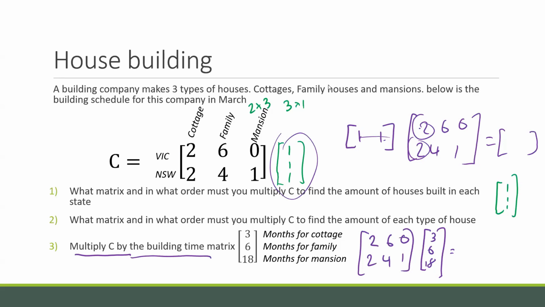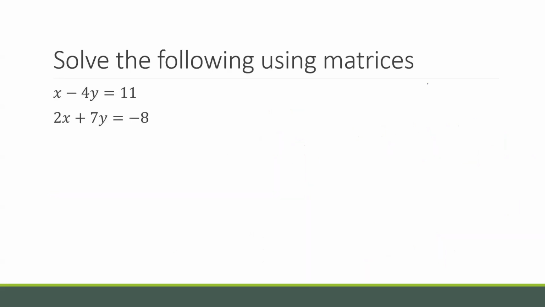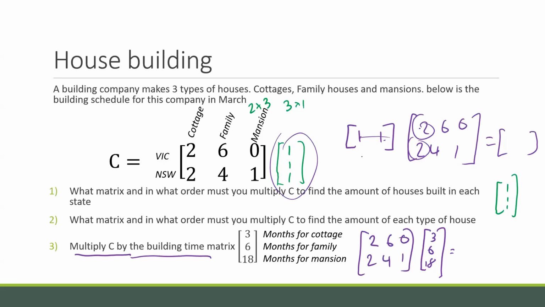This is going to be a 2 by 1 matrix because this is a 2 by 3 matrix and this is a 3 by 1 matrix. So the final answer will be a 2 by 1 matrix. How we tell if matrices can be multiplied together is by the numbers.